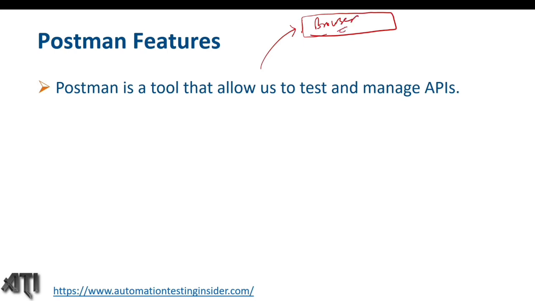But we cannot test all the APIs in the browser because we have to define so many parameters for different APIs. So that's the reason we use the Postman tool to manage and test our APIs, by sending the request and getting the response back. We have to validate so many things when we test the APIs.